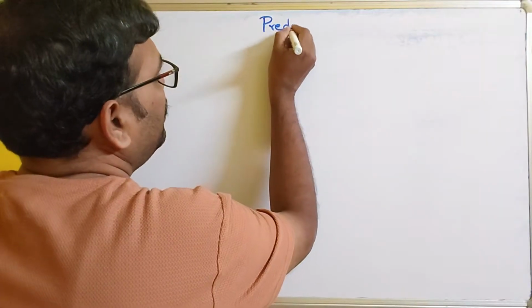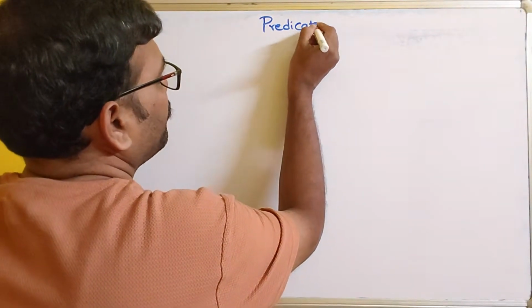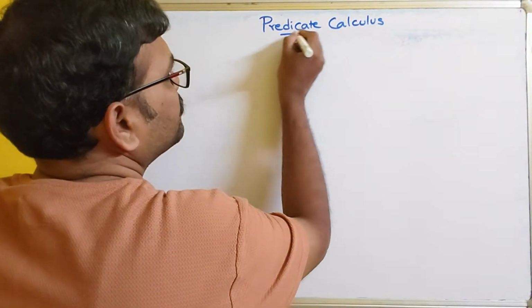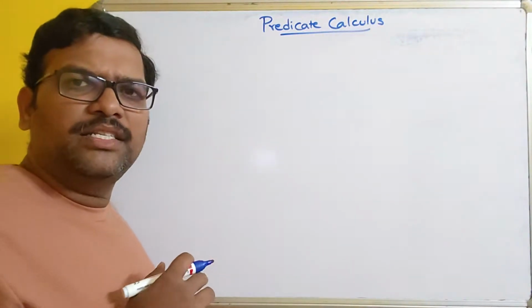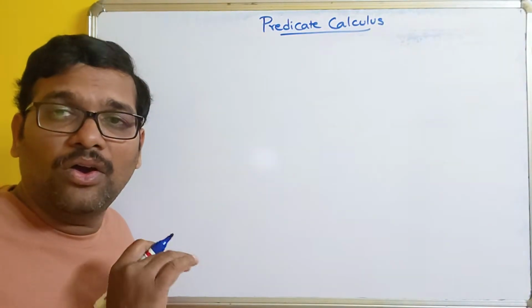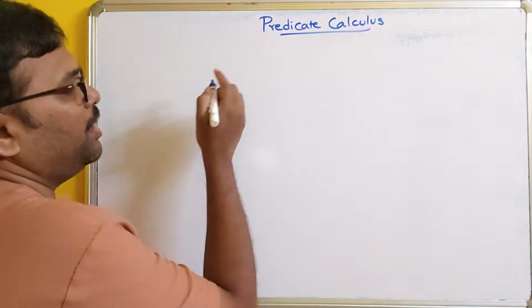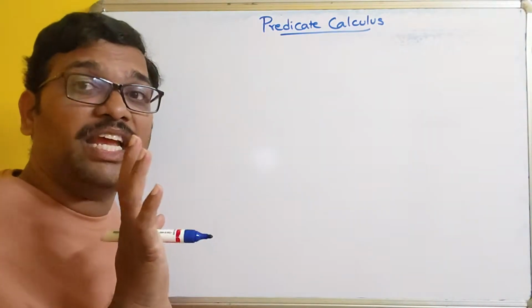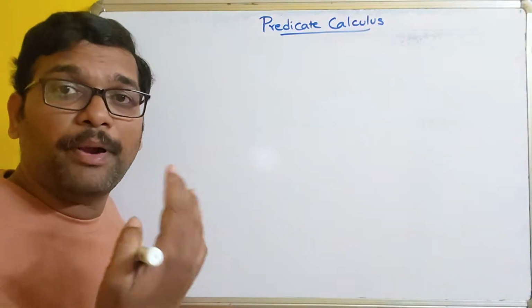So predicate calculus. As the name itself indicates, this predicate calculus will have all the predicates, right? Previously, in the statement calculus, we defined a statement, which we called a proposition.